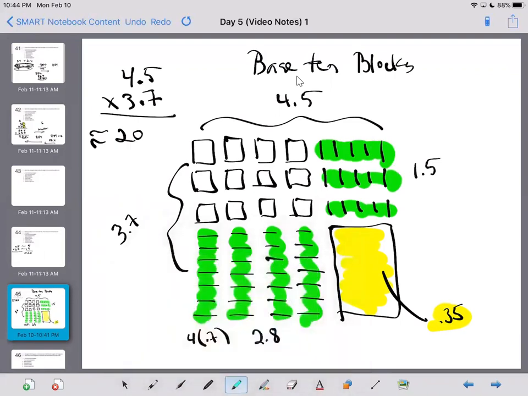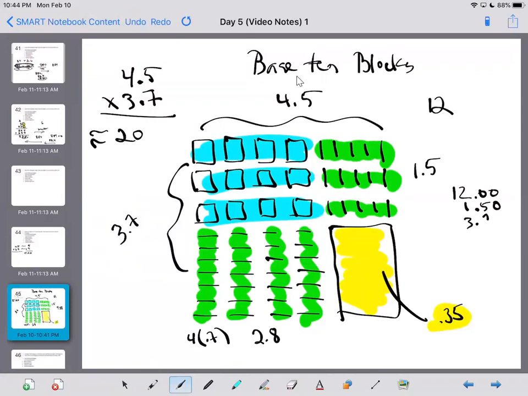And then last we have 4, 8, 12 flats. So we're going to have the 12 flats, 1 5/10, 2 8/10, and the 35 hundredths.